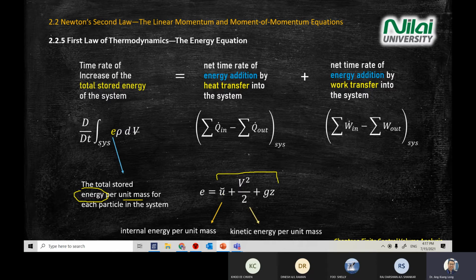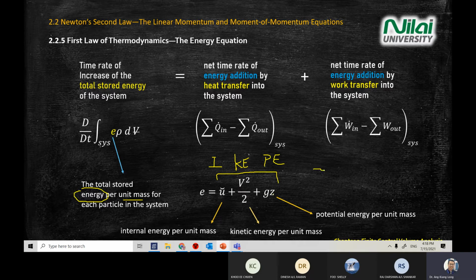The second one is kinetic energy. The third one is potential energy, mgh. In this case your h becomes z, where z is the elevation of your position.